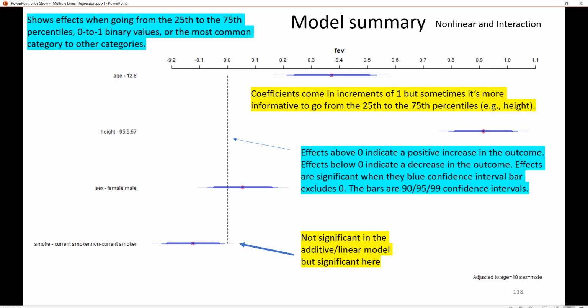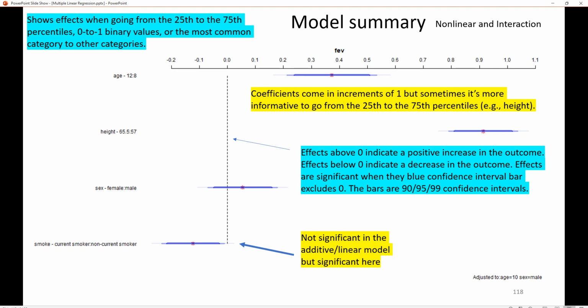And so here's the model summary. This shows effects when going from the 25th to the 75th percentiles, or 0 to 1 for binary values, or the most common category to other categories. Coefficients come in increments of 1, but sometimes it's more informative to go from the 25th to the 75th percentile. For example, on height.